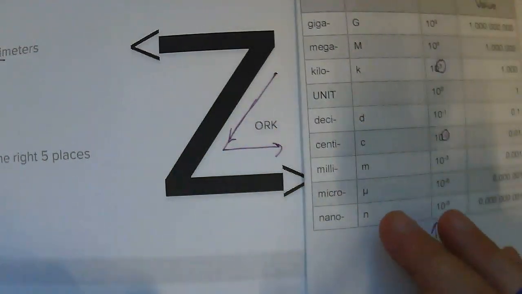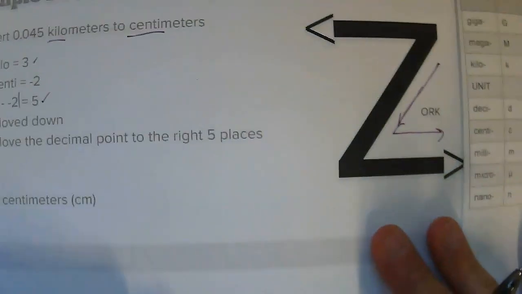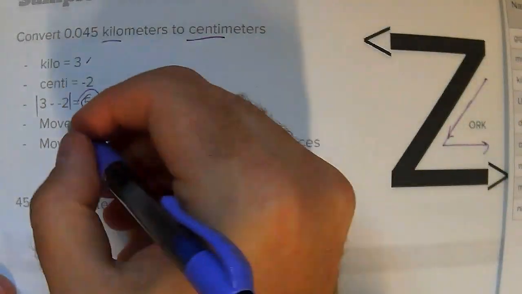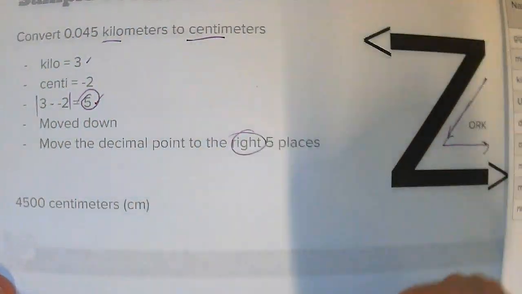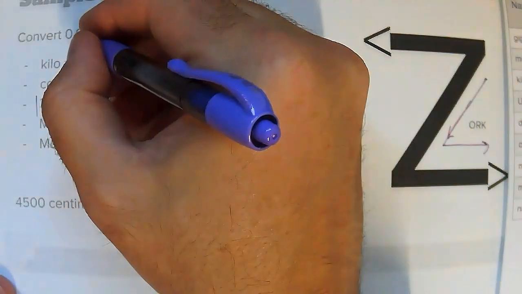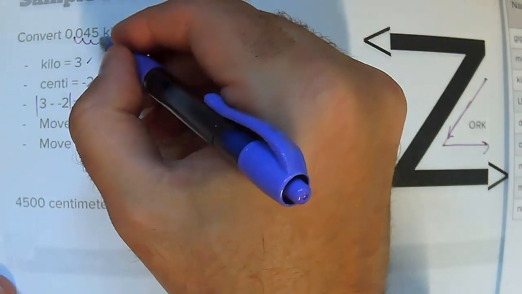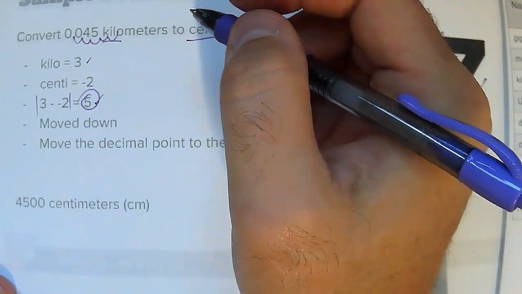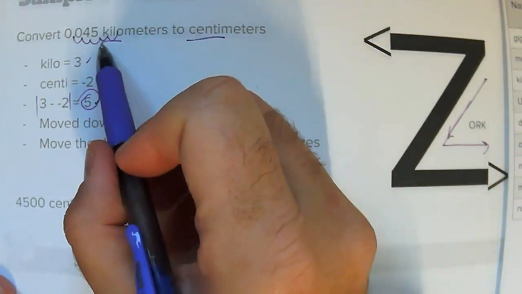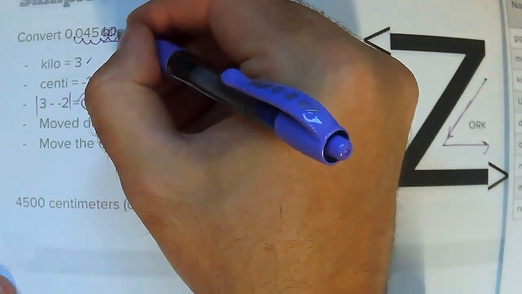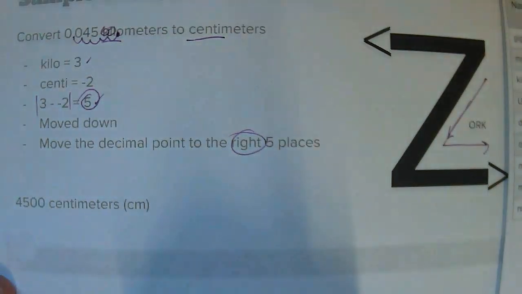And then how many places do we move it? We move it 5 places, so we figured out 5 places to the right. So we're going to move the decimal point, 1, 2, 3, 4, 5, and because there are no numbers here, we're going to add zeros, and then we're going to put a decimal in there.